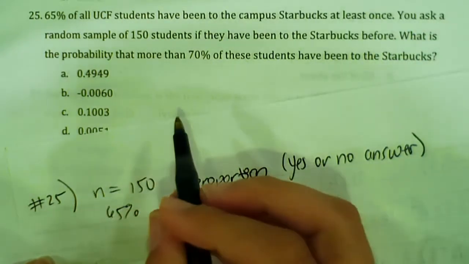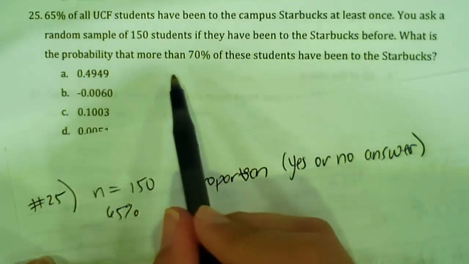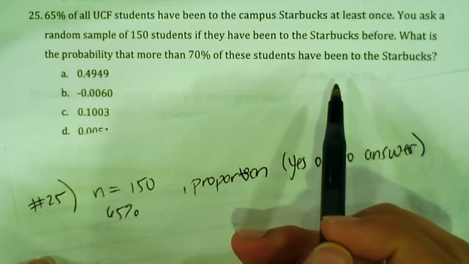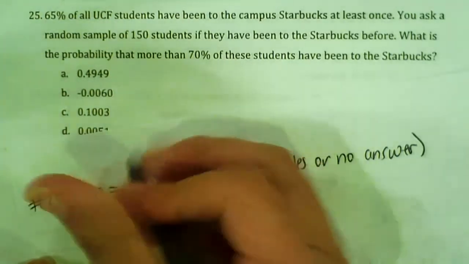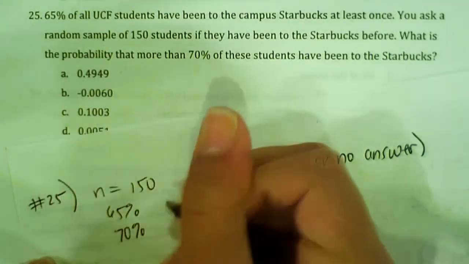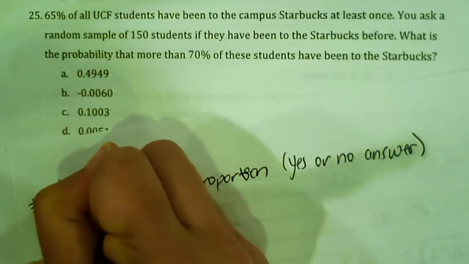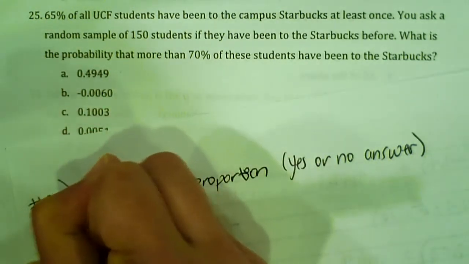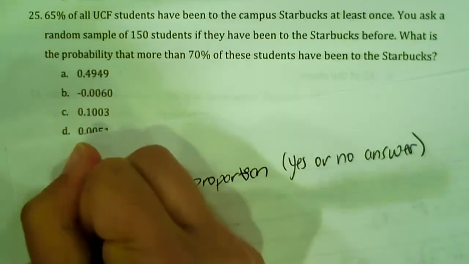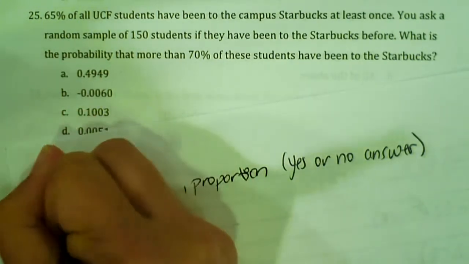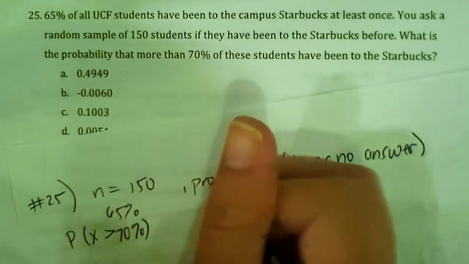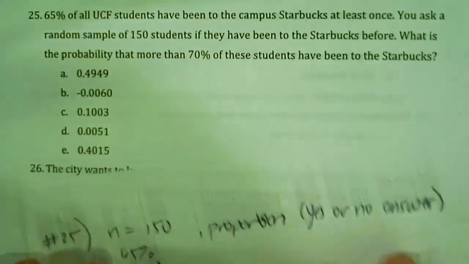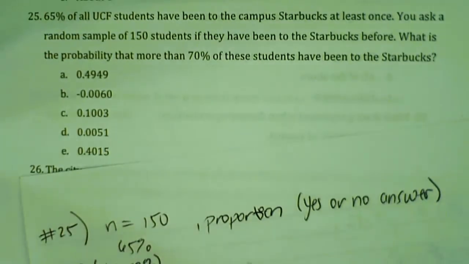So you're told more than 70%. 70%, more than, greater than. Probability. Okay, so as a proportion, what do we do?